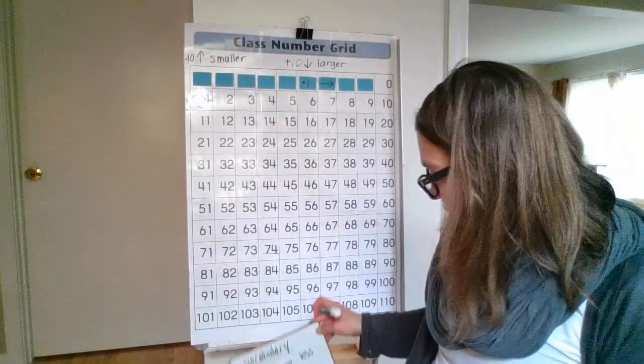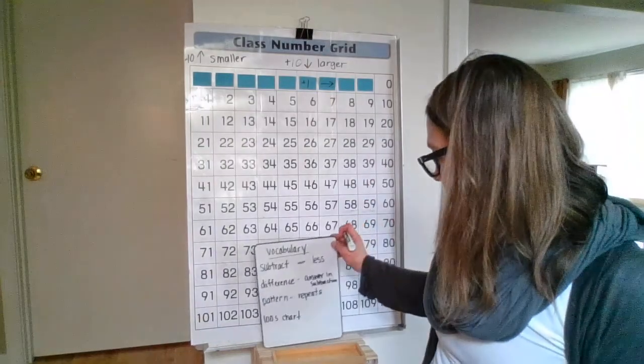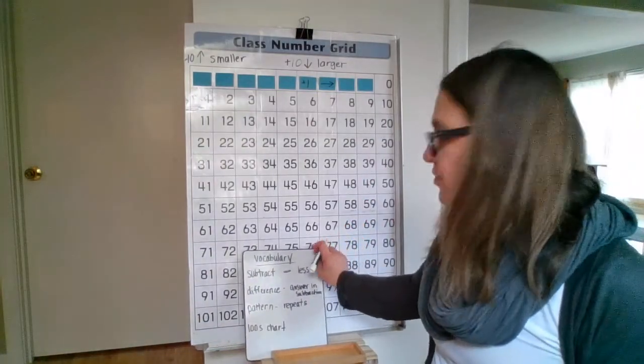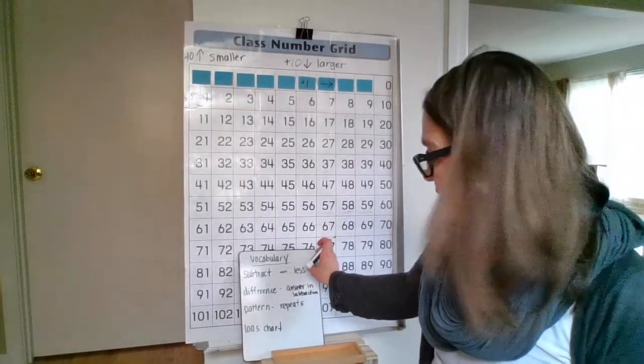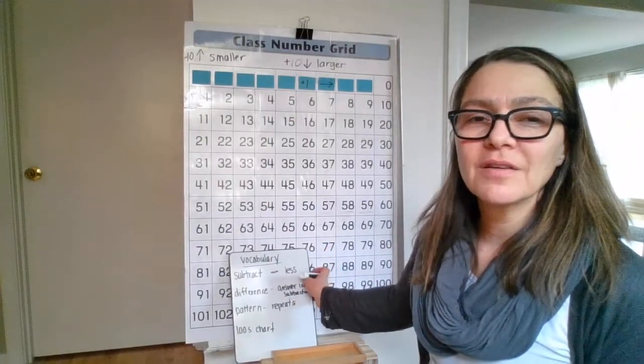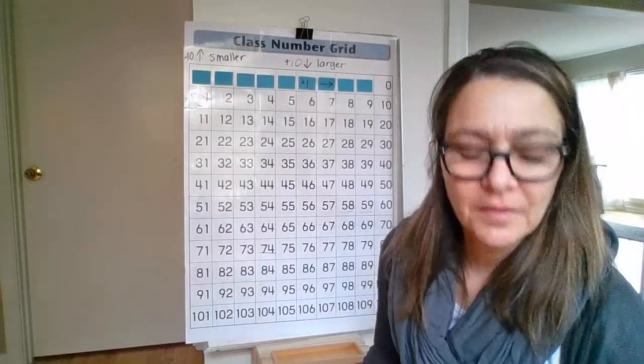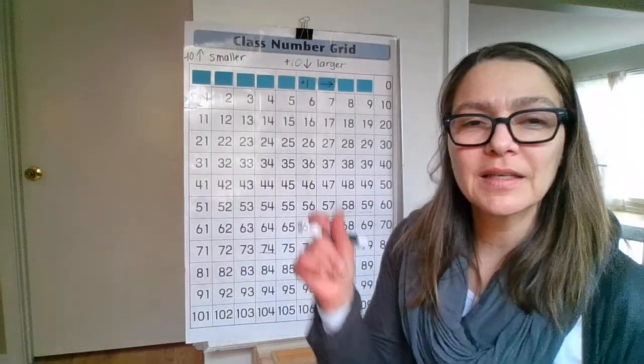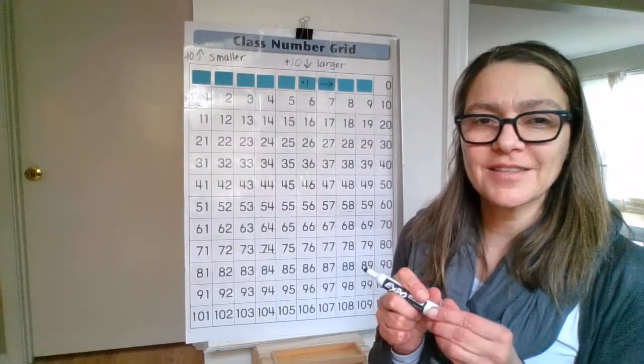Patterns will be available on the hundreds grid, and patterns will help you do mental math and try and figure out some of the answers quickly and more fluently as you get more practice.